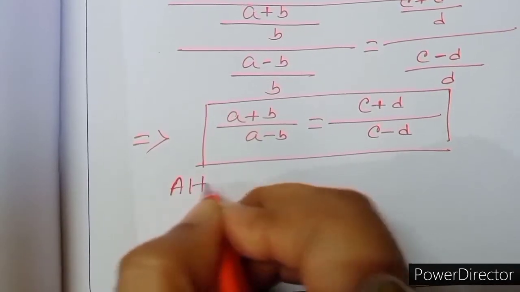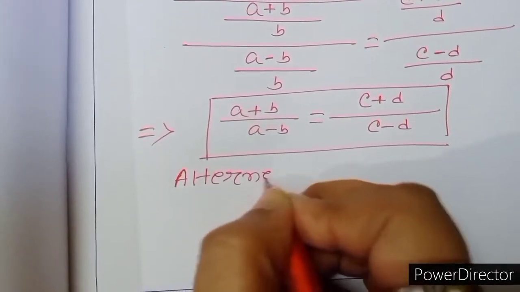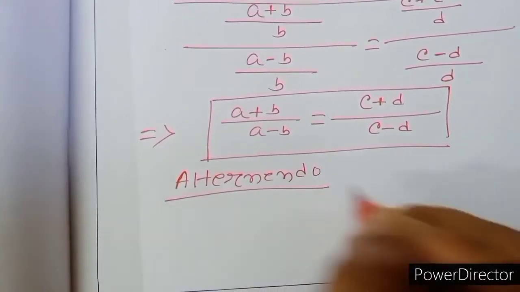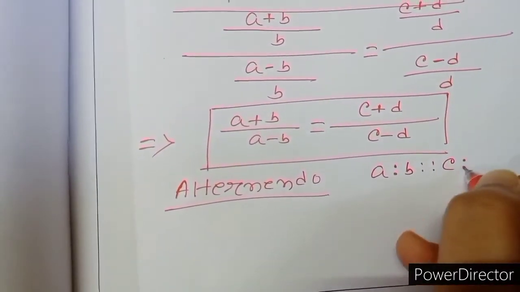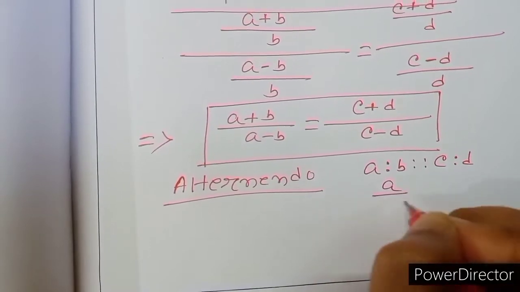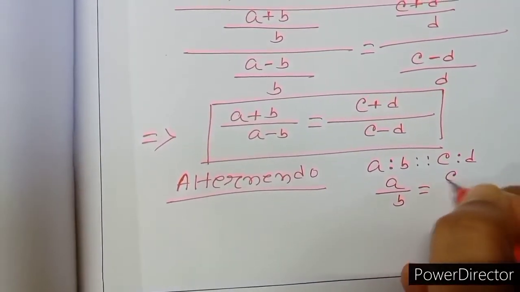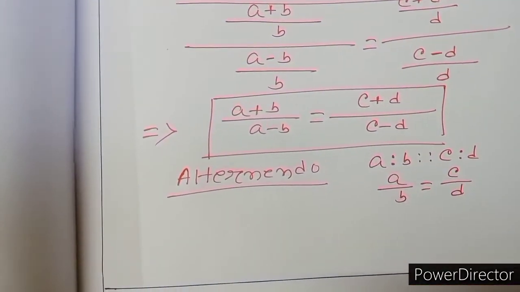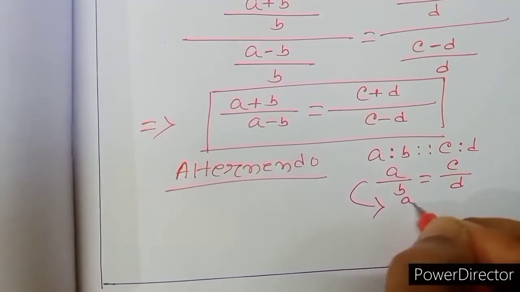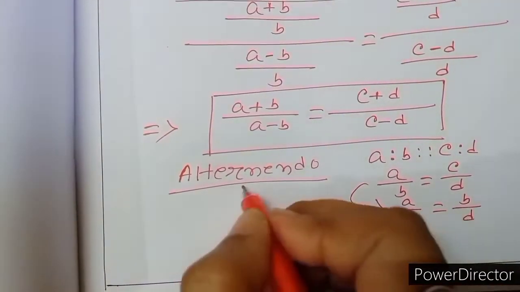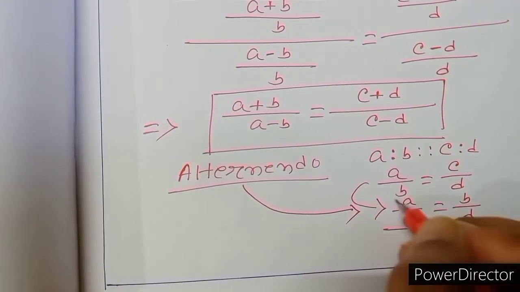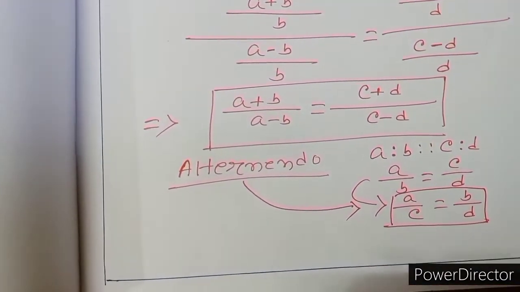And another term, alternando. A is to B, C is to D. We can write it A by B equal to C by D, or we can write it A by C equal to B by D. This ratio is called alternando.